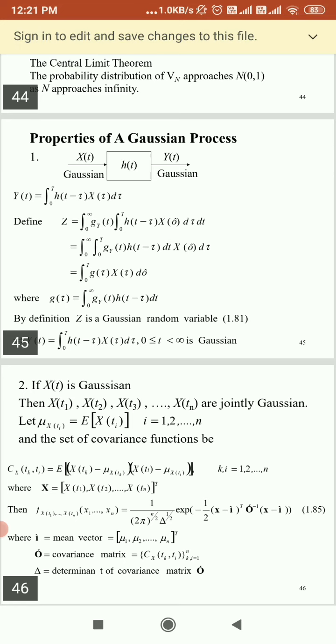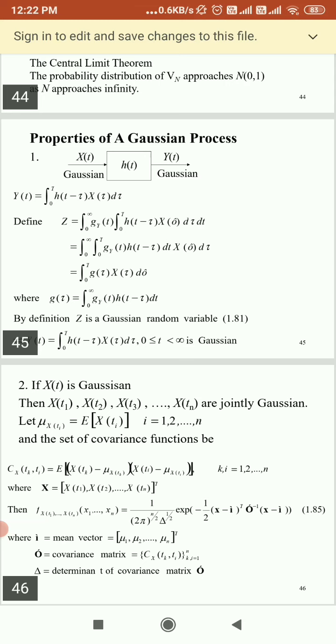So here firstly we will see the first property of the Gaussian process, that is, if we are applying a Gaussian process to a stable linear filter, then the random process developed at the output of the filter will also be Gaussian.